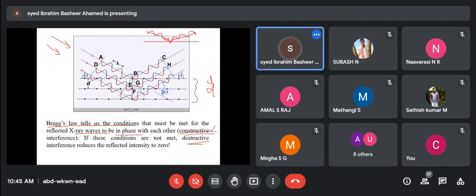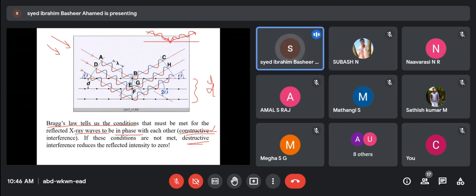So how can I see whether they are in the same phase? First of all, consider this wave. It is coming and hitting this lattice point, and it is just emitted. And you take this second wave.